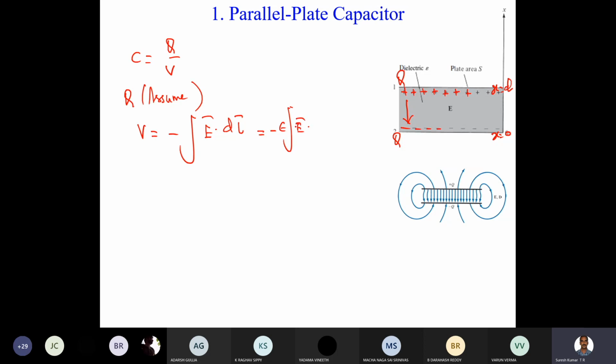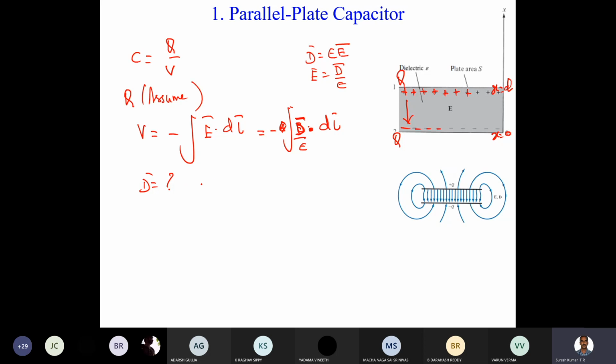D equal to epsilon E, so E equal to D over epsilon, right? So V is the integral of D over epsilon dot dl vector. Now you need to calculate the D vector.